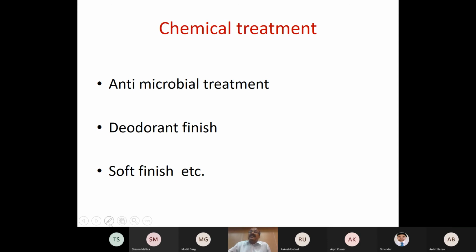Although all these finishing treatments have a limited lifetime, it's not that you give an antimicrobial treatment which will continue for 50 washes of the towel. Each of these finishing treatments has a limited life. Some may have 5 washes or 10 washes and like that. But nowadays, all these types of different chemically treated towels are available in the market.